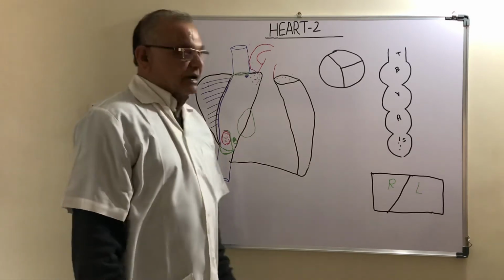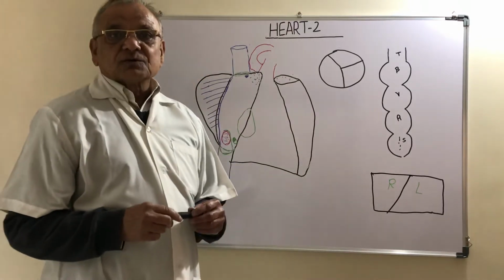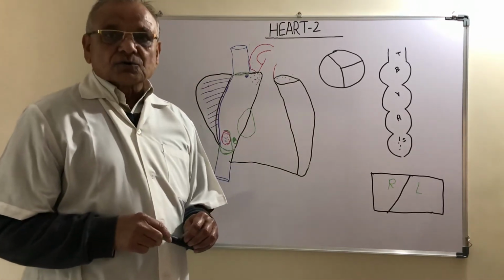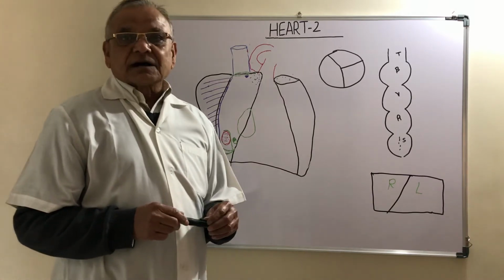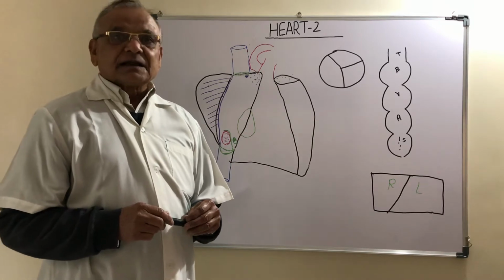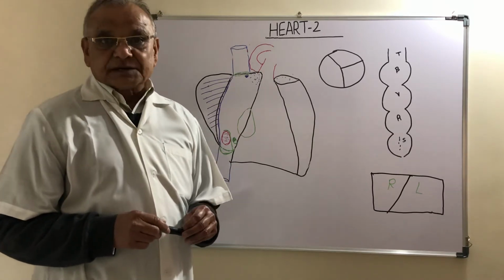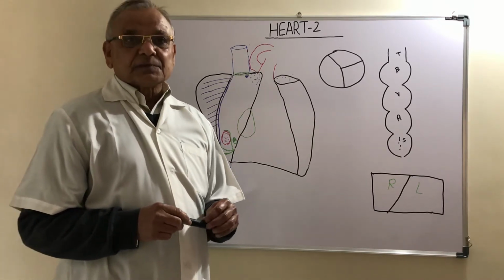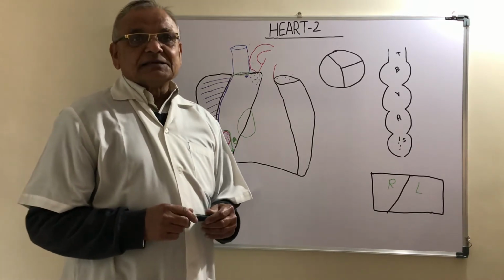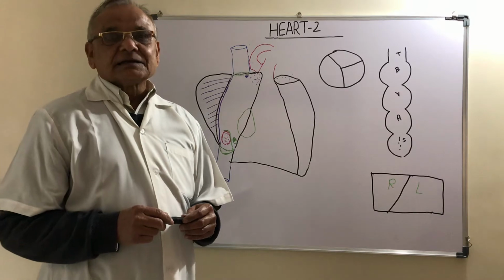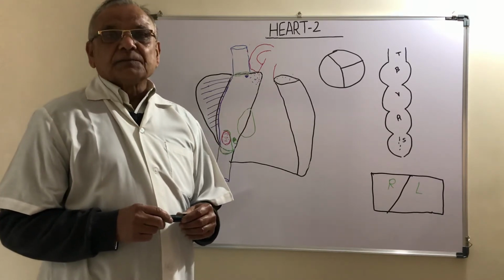This sinoatrial node is also known as the pacemaker of the heart, and it generates cardiac impulses at the rate of 70 to 80 per minute. These impulses are responsible for the beating of the heart.